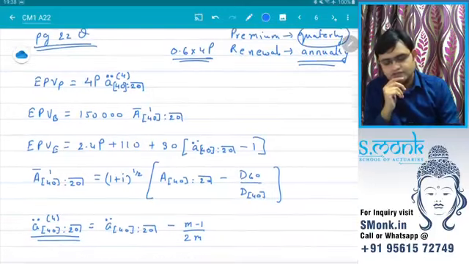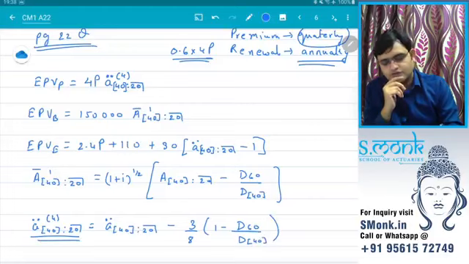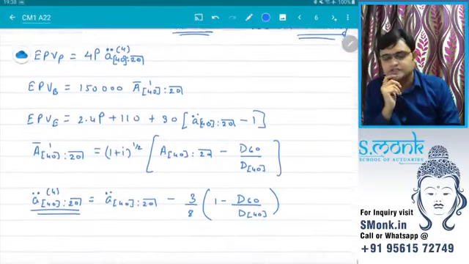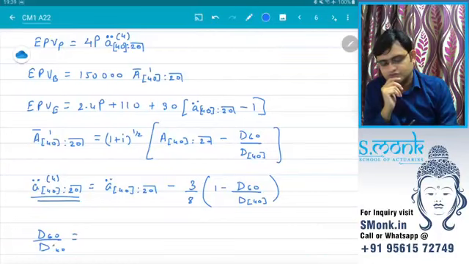So 4 minus 1 is 3, 3 by 8, into 1 minus v raised to n npx, which I will again write in terms of D, D60 by D select 40. So of course we will have to calculate D60 by D select 40. We'll be using that 2 times.